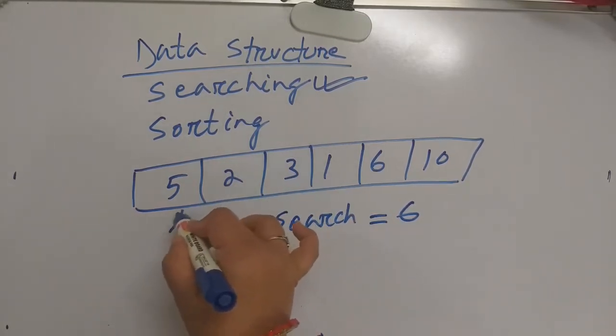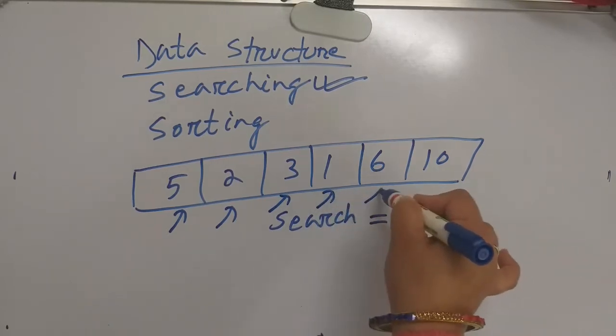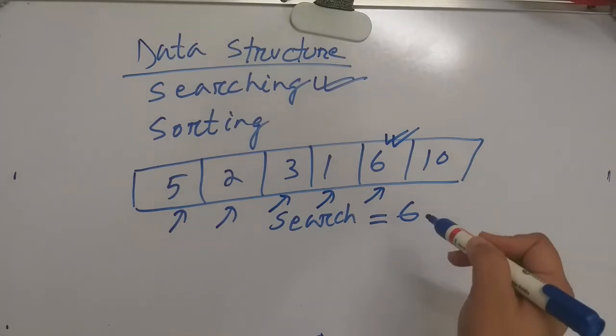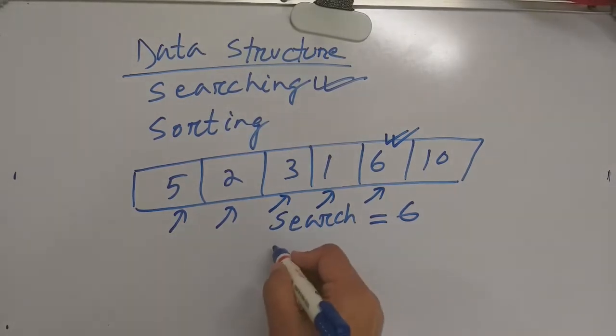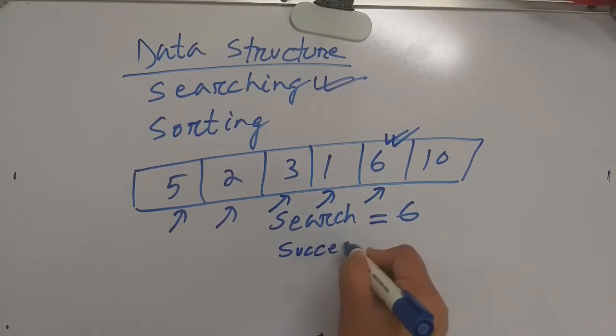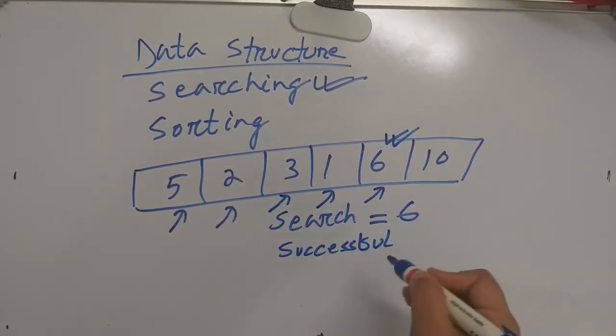We search the first element, then second, then third, then fourth, then fifth, and here we find the element 6 present. So the searching is successful and we find the item in the list.